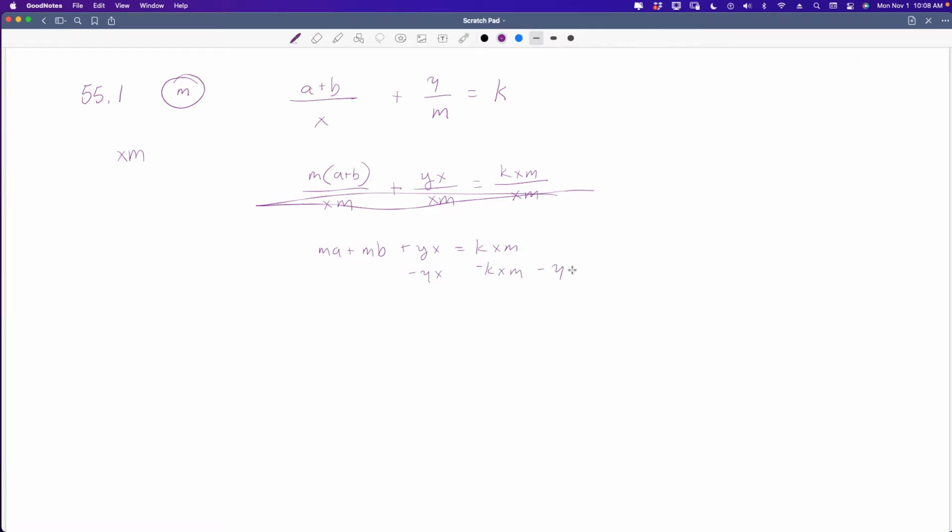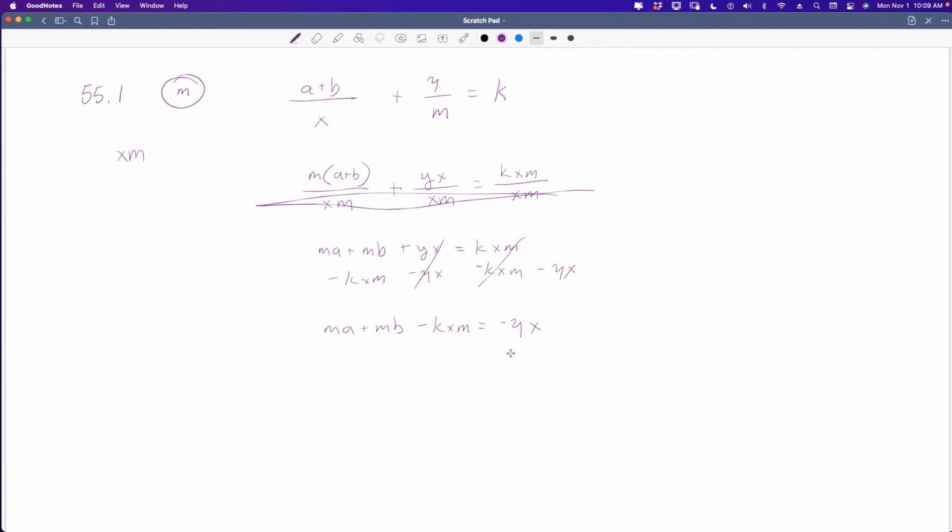We're going to subtract yx from this side as well, and we're going to subtract kxm from this side as well. So this cancels. So now we have ma plus mb minus kxm equals negative yx, right?